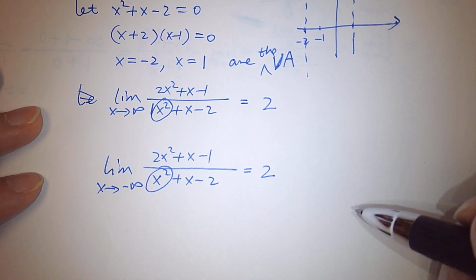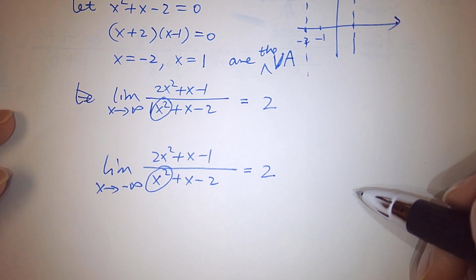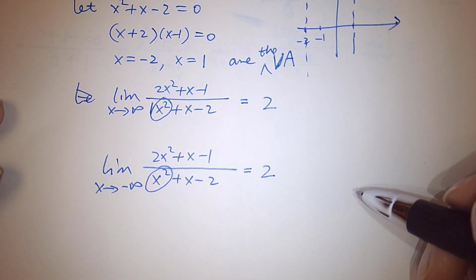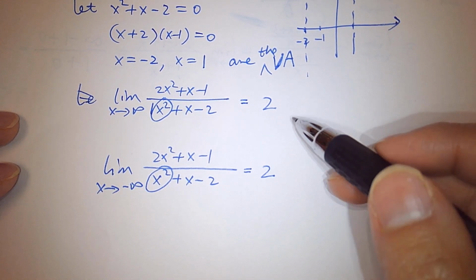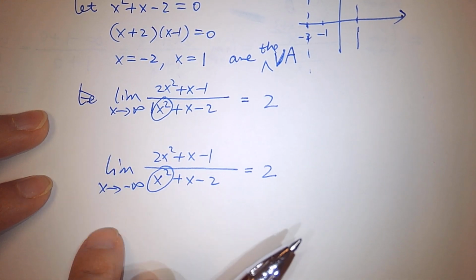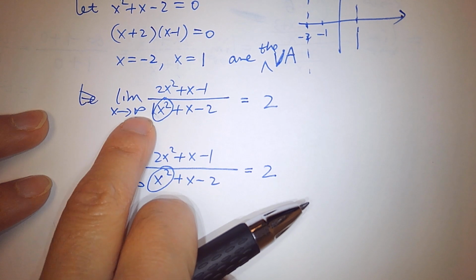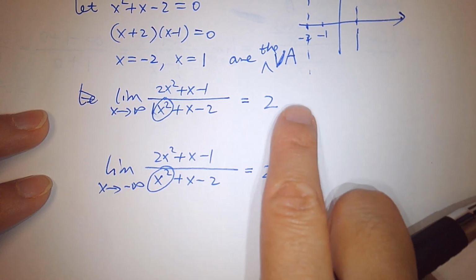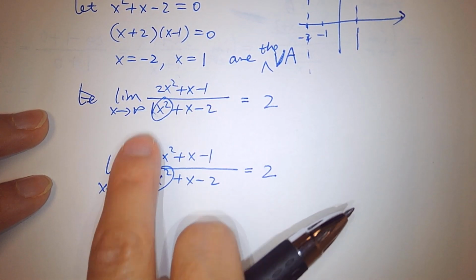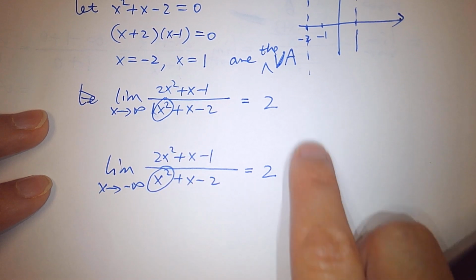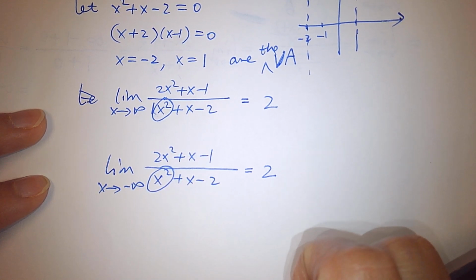Now you said some will have different negative and positive limits. Are we going to encounter any problems like that? Well, it really depends. For this problem, when x goes to positive infinity and when x goes to negative infinity give us the same value. Sometimes when you find the two limits, you may have two different values. But how can they do that when the formula is the same, the rules are the same?